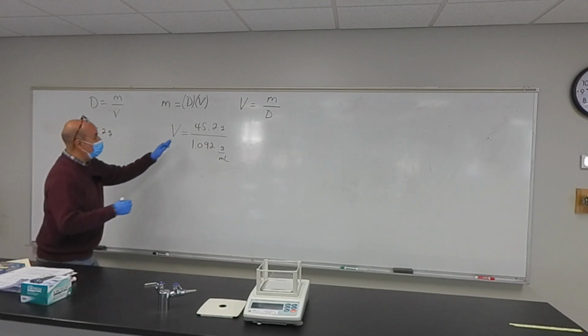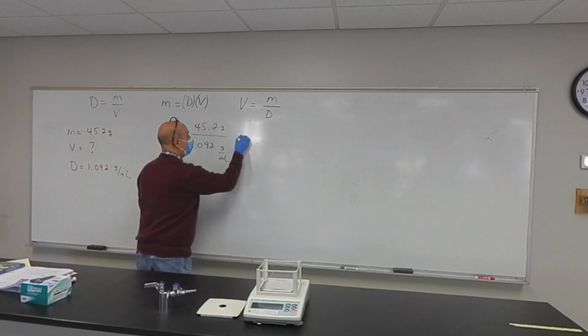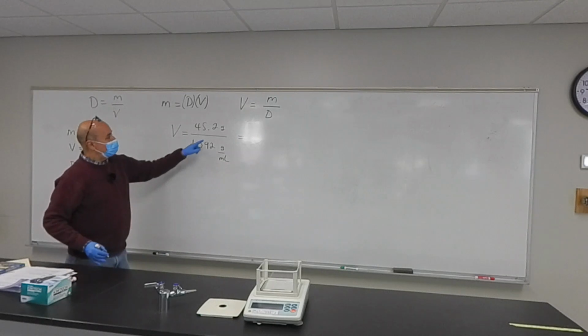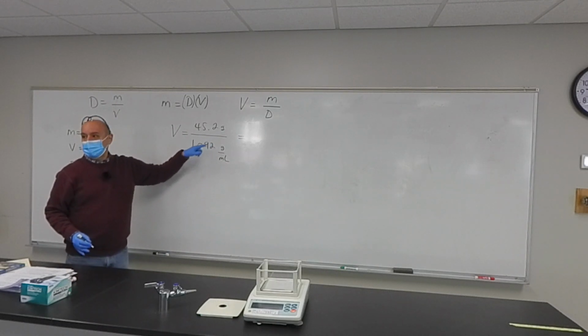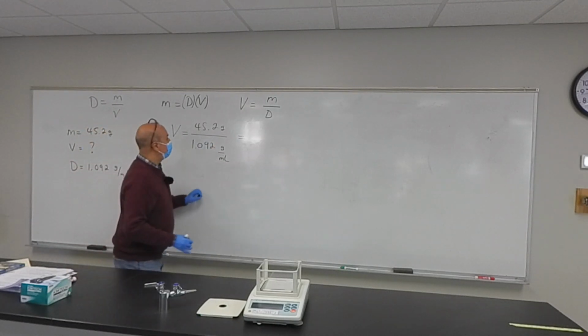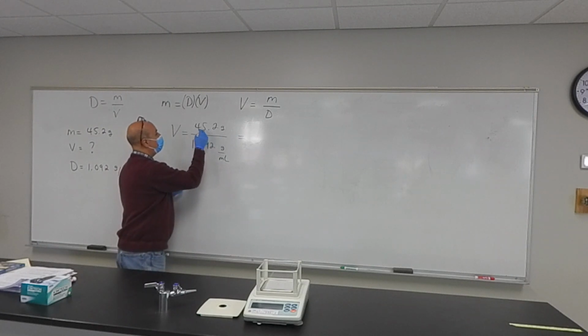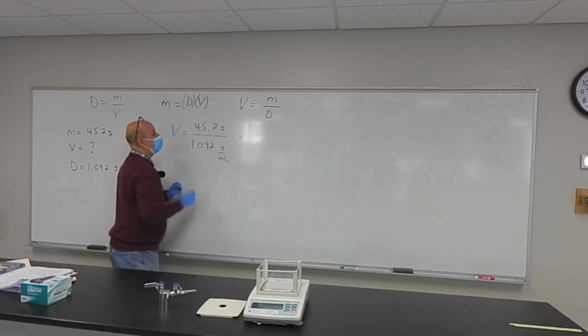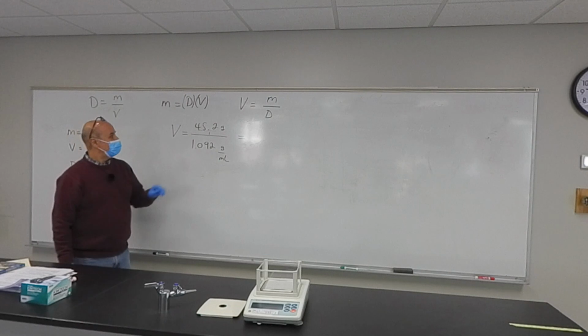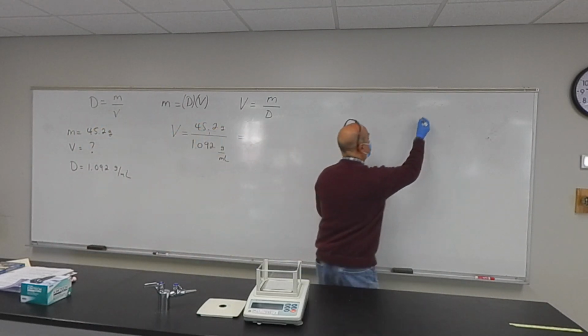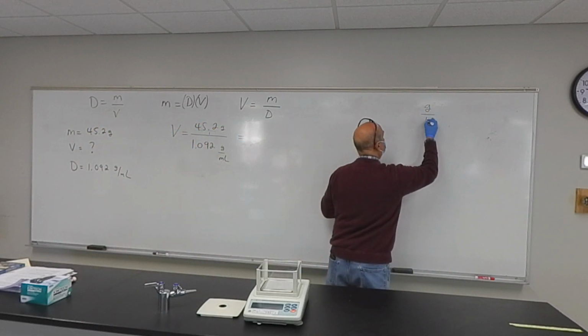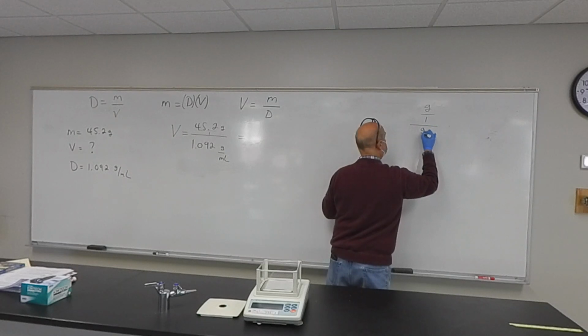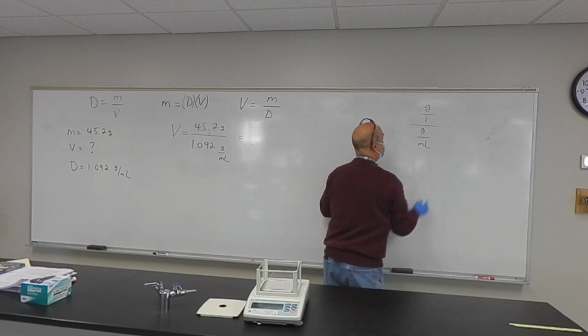So numerically, this is going to give us the answer that we want, but we're going to have to think a little bit about the units. This top number has a divided by 1 imaginary that you don't see there, right? So these are like this: grams divided by 1, divided by grams divided by milliliter.